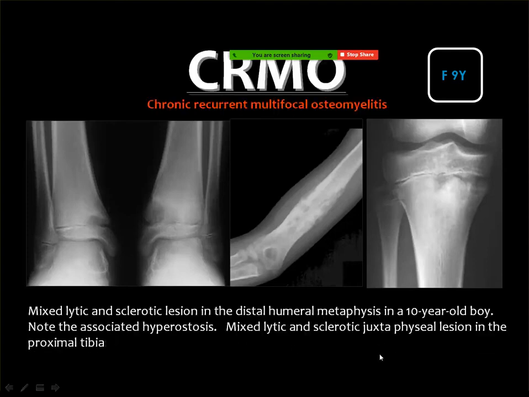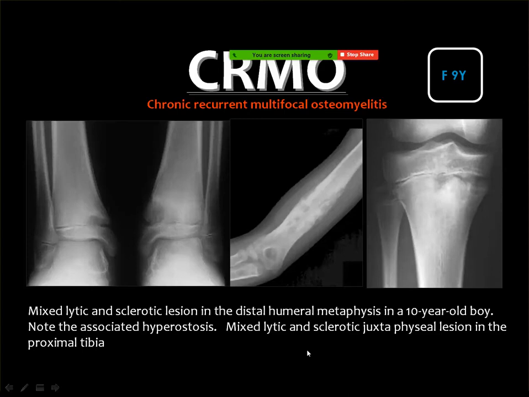Then you remember this new topic, which is included in the recent lectures. It is known as chronic recurrent multifocal osteomyelitis. If you diagnose this as an infection, then you consider all these lesions as infection. And multifocal osteomyelitis is seen in two conditions.